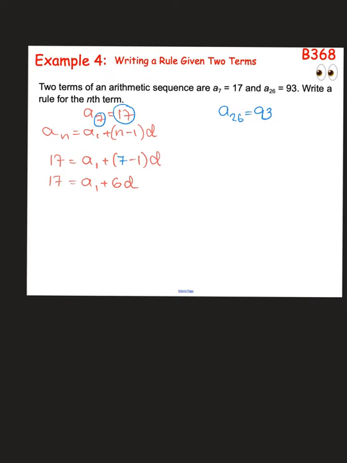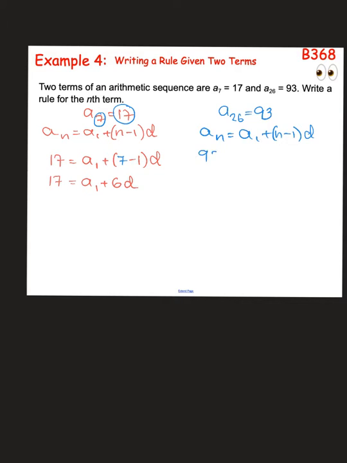Now I'm going to simplify this equation, and I get 17 equals the first term plus 6 times the common difference. Now I do the same thing, writing the equation using the 26th term. So a sub n is 93, the term of the sequence is the 93rd term. So a sub n equals a1 plus n minus 1 times the common difference.